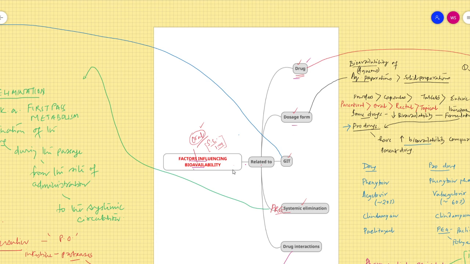We discussed that, and we have seen what are the factors related to GIT which influence bioavailability. We have seen how presystemic elimination influences bioavailability, and we have seen some examples of drug interactions which influence bioavailability. So thank you for your attention.